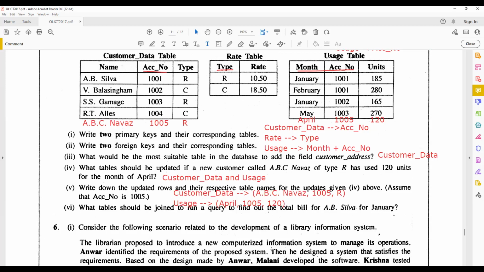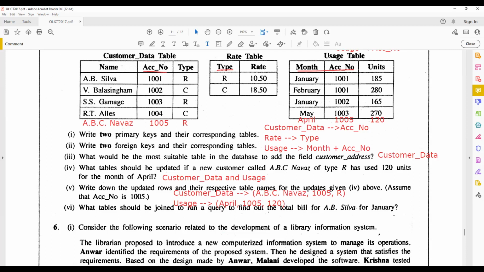Right. Last question. What tables should be joined to run a query to find out the total bill for AB Silva for January? Yes.